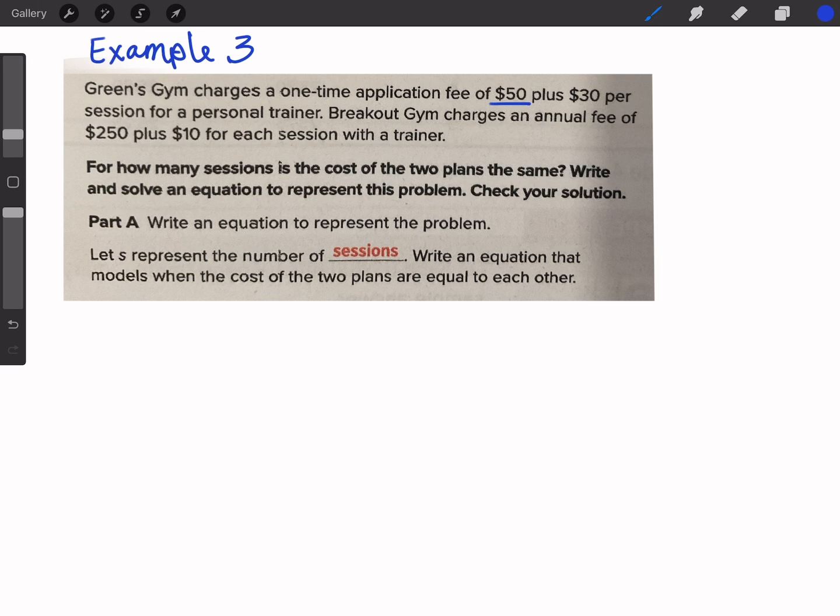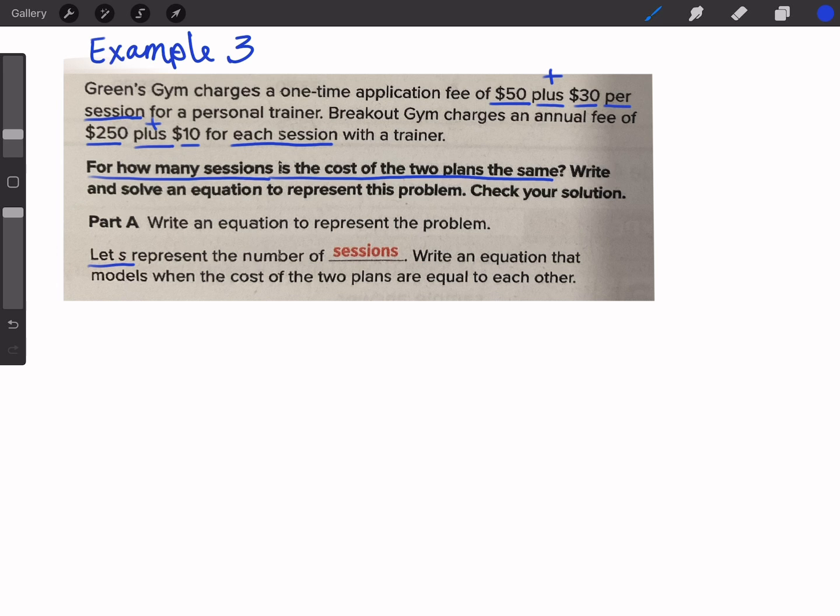Check your solution. Okay, so we know that $50 plus $30 per session is Green's Gym's cost. And then Breakout Gym charges an annual fee of $250 plus $10 for each session with the trainer. Okay, so we need to rewrite these as equations because we need to see when the two costs will be the same.